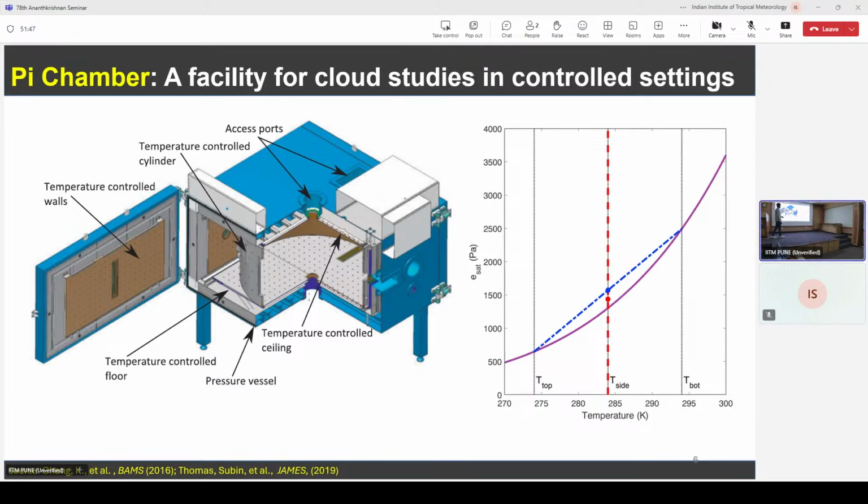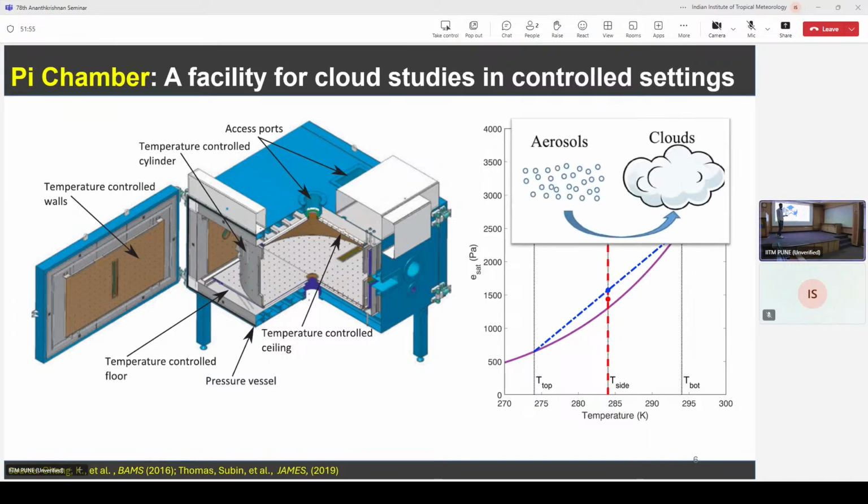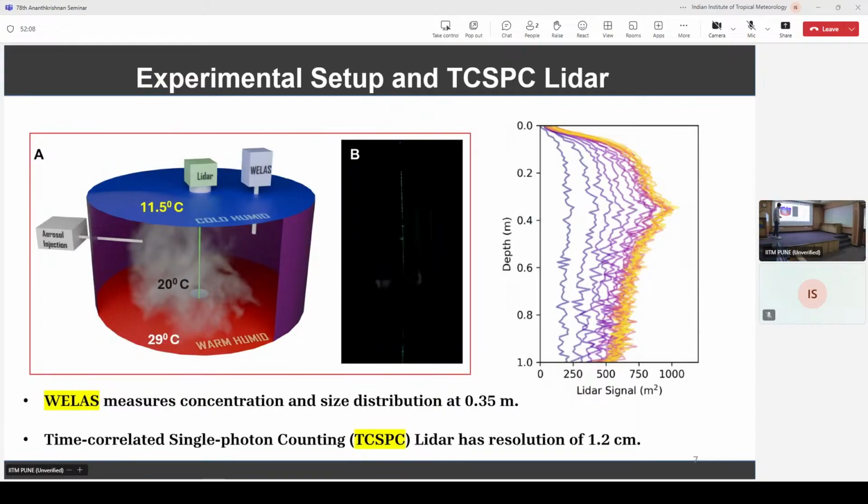Because of the non-linearity in the saturation curve, when we mix them, we get supersaturation. And when we add aerosols in the supersaturated environment, we get cloud formation. So this is a very basic principle, and depending upon how we inject the aerosols, control the temperature, and inject the dry air, the cloud properties are quite different.